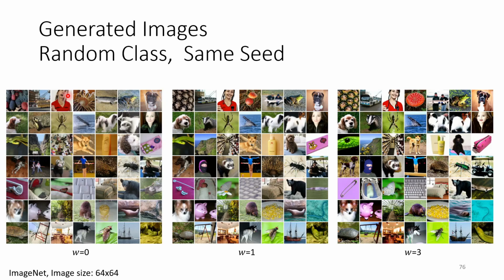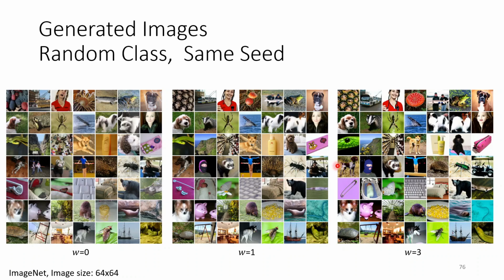Okay, so this is the result generated by his method. This is ImageNet, and he only generated small images, 64 by 64. The W is 0, W is 1, and W is 3. It means the same class, the same seed, and with a larger scaling factor, the guidance factor, you will see a clearer image. For example, this is a dog, and in this one, it is very clear.